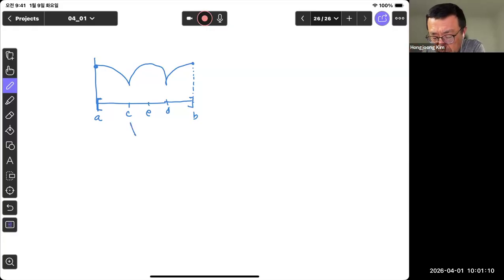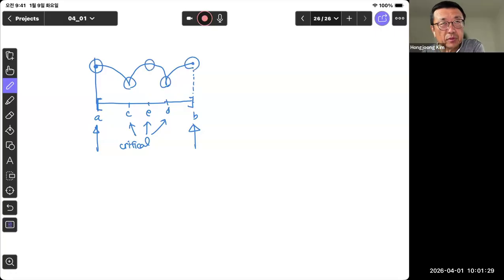So C, D, E are critical numbers. You also find the values of the function at these two endpoints. So among these five values, the largest one is the absolute maximum and the smallest one is the absolute minimum.